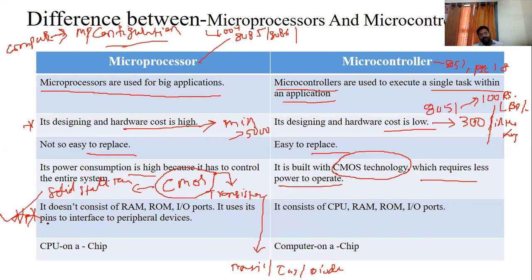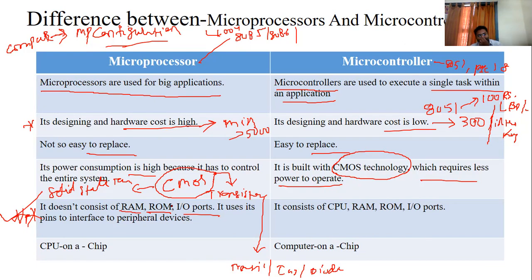What is the major difference between microprocessor and microcontroller? A microprocessor doesn't have RAM, ROM, and input output ports. Input output ports means USB ports, keyboard ports, HDMI ports and so on, and it doesn't have those.